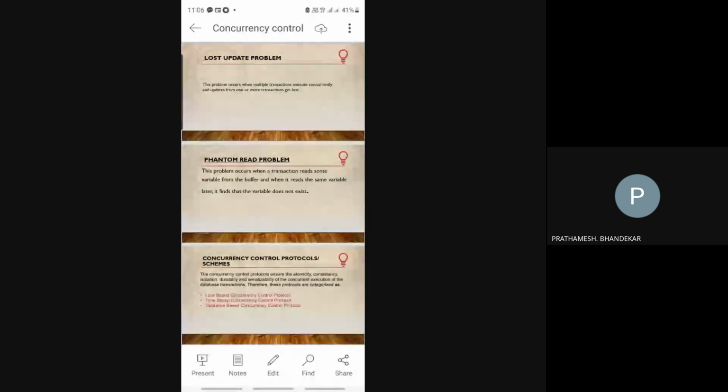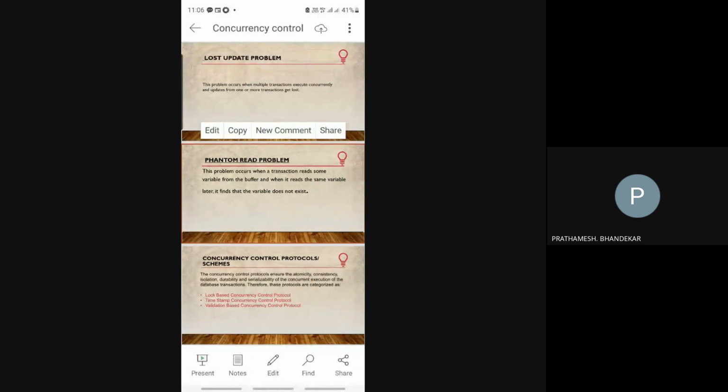Basically, the ACID properties ensure your database should be correct, right?